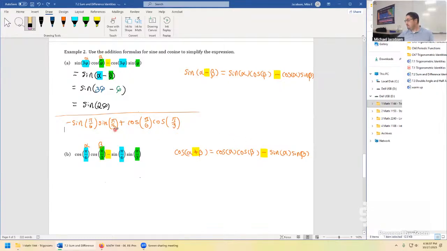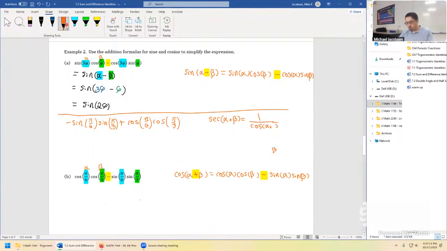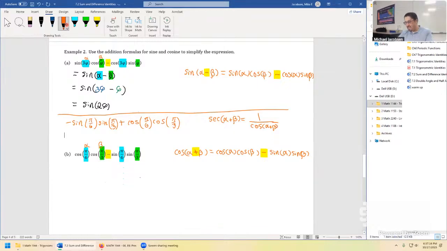As far as secant goes, secant is not too bad, because if that one ever comes up, you can say secant alpha plus beta is 1 over cosine alpha plus beta. But then once you get that far, oh, beta came along for the ride on that one.